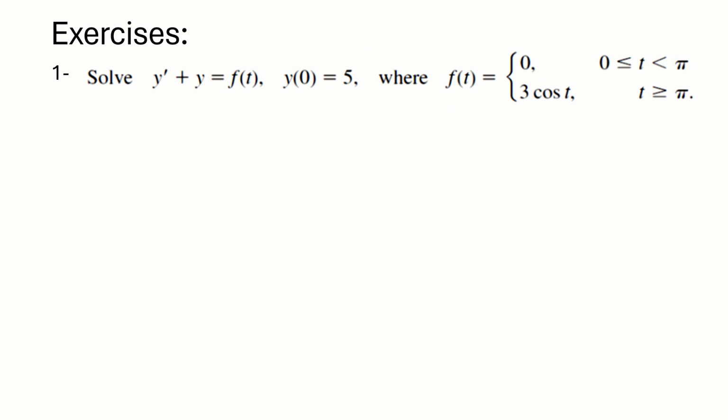So how do we do that? Let me solve this differential equation first. We have a first order differential equation, y dash plus y is equal to f of t, with initial condition y(0) equal to 5.